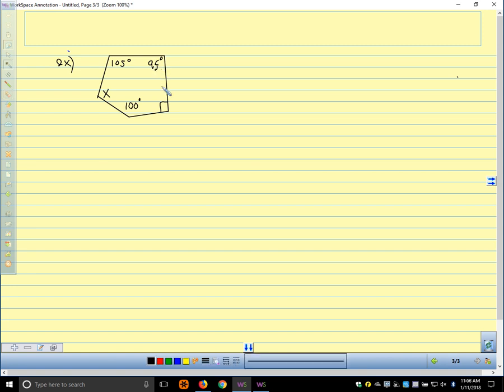All right. So there's our picture, and the problem says find x. Well, the first thing we should do is look at this picture and say, how many sides do we have here? 5 sides. So we know it has 5 sides.